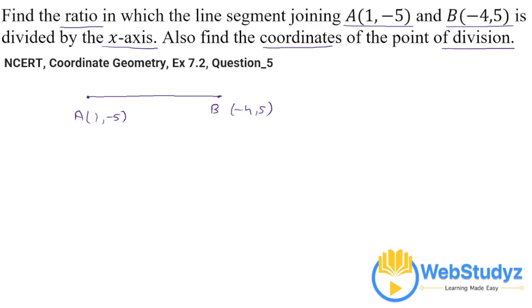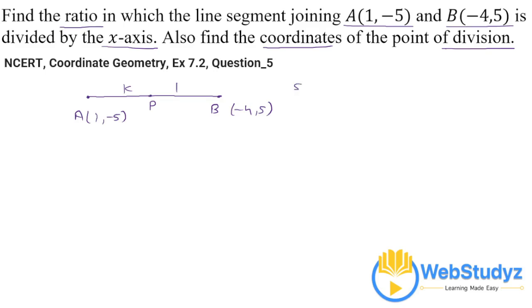So let us assume that the point where this line segment is divided by the x-axis is point P. We have to find the ratio in which it divides the line segment. Let us assume that the ratio in which it divides is k is to 1.